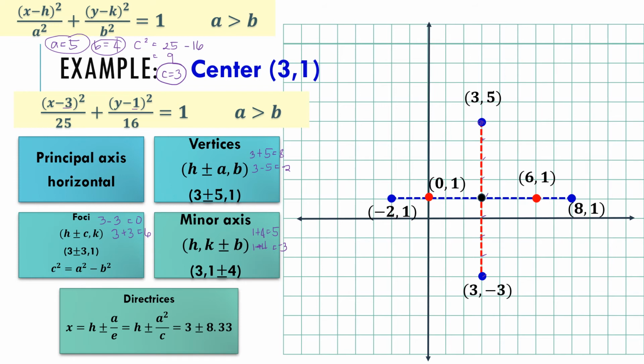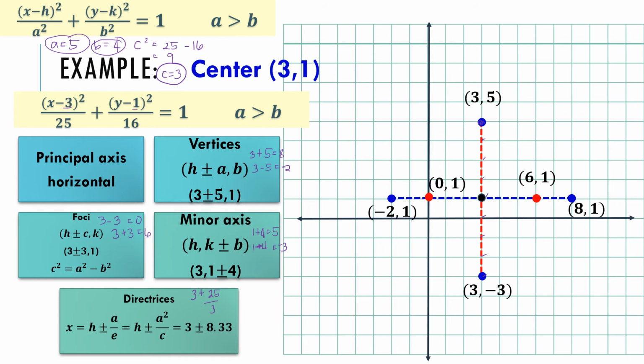Next, directrices. We have h, which is 3, plus a squared over c. a squared is 25 over c, and our c is 3. Divide first: 25 divided by 3 is 8.33.